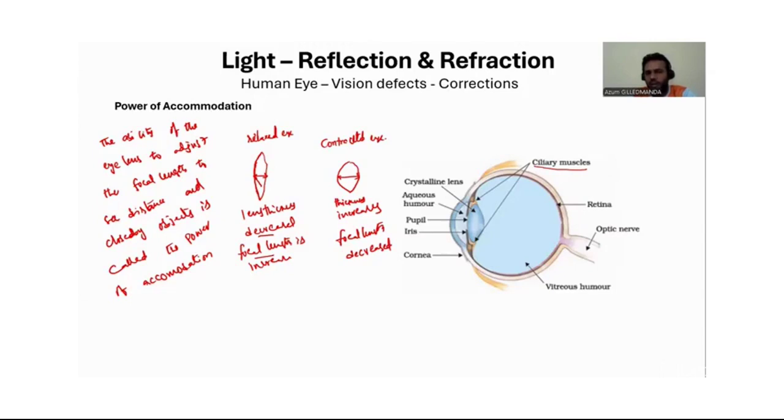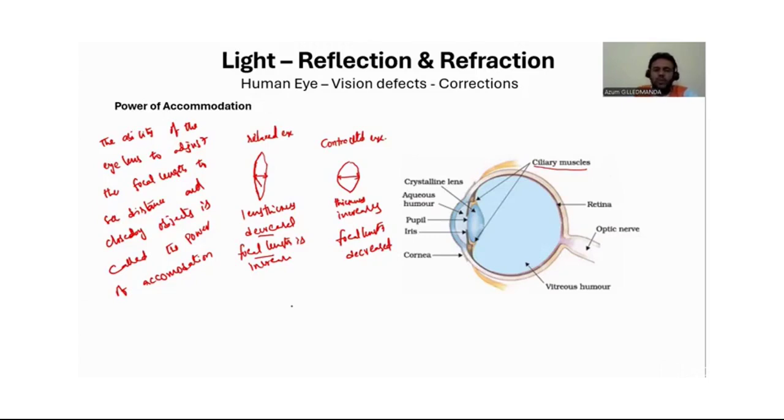When you contract the eye to see small objects or close by objects, then the thickness increases. That means the focal length decreases, right? So the ability of adjusting the focal length based on from where you need to see the object, that is called the power of accommodation of the eye lens.